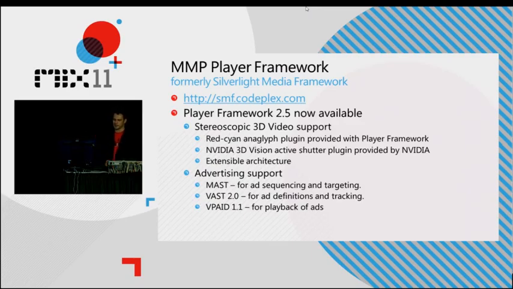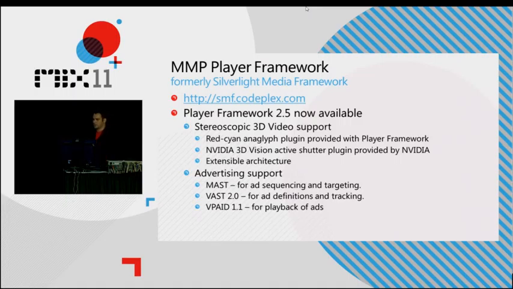One is stereoscopic 3D video support, and the other is support for various advertising standards that we have in the online industry today. For the stereoscopic 3D video support, we're providing a classic red cyan anaglyph plugin as part of the player framework. And then we worked with NVIDIA to have them provide a plugin for the player framework that enables NVIDIA 3D Vision, which is an active shutter glasses-based 3D system on the PC, to work with Silverlight as well.